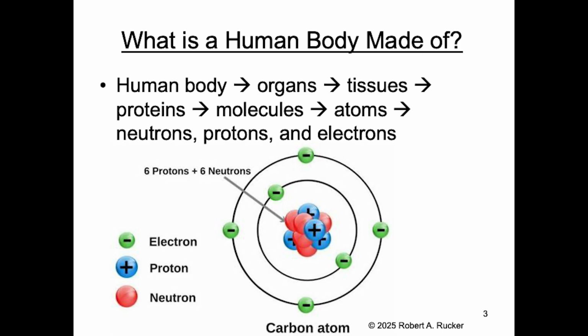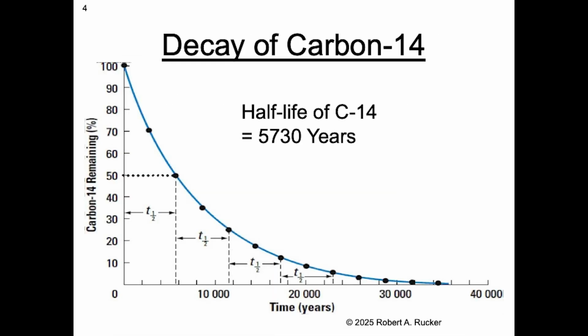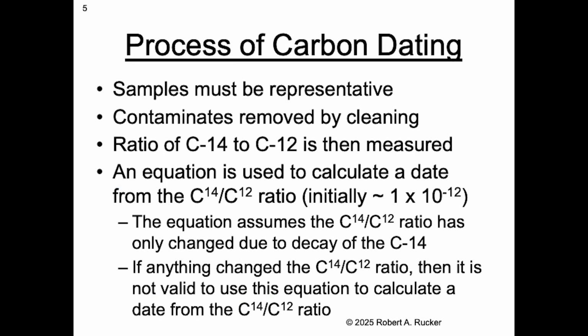Carbon-14 has 2 additional neutrons, and it does decay with a half-life of 5,730 years. In the first half-life, you have 50% left. In the next half-life of 5,730 years, you then have 1/4 left, and so on. That allows them to do dating.